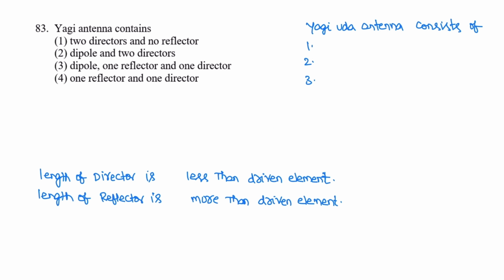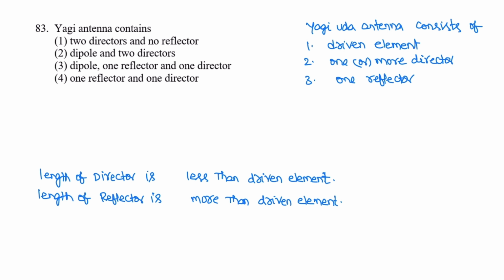Next question. Yagi-Uda antenna. So Yagi-Uda antenna consists of a driven element, one or more directors, and one reflector.